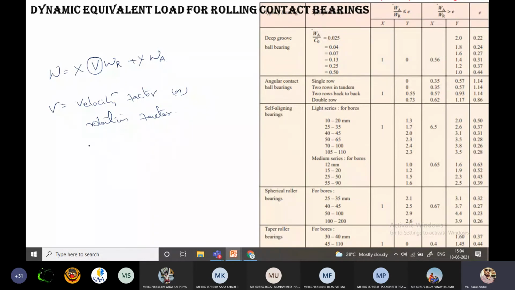Okay, now this V value is 1 for all types of bearings when the inner ring is rotating.